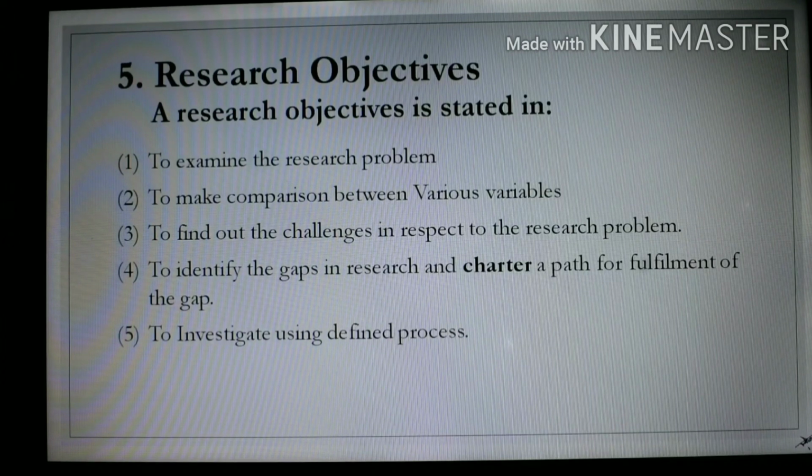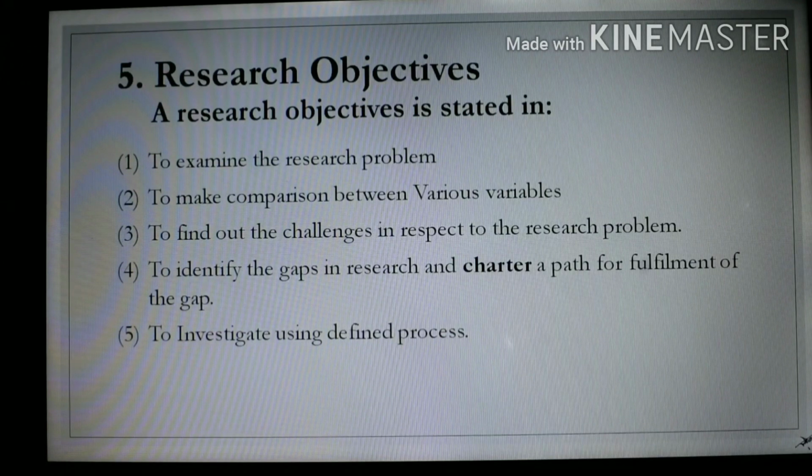Another thing is research objectives. Here I have given an example. On the basis of this example, you can set your own objectives according to your research topic.